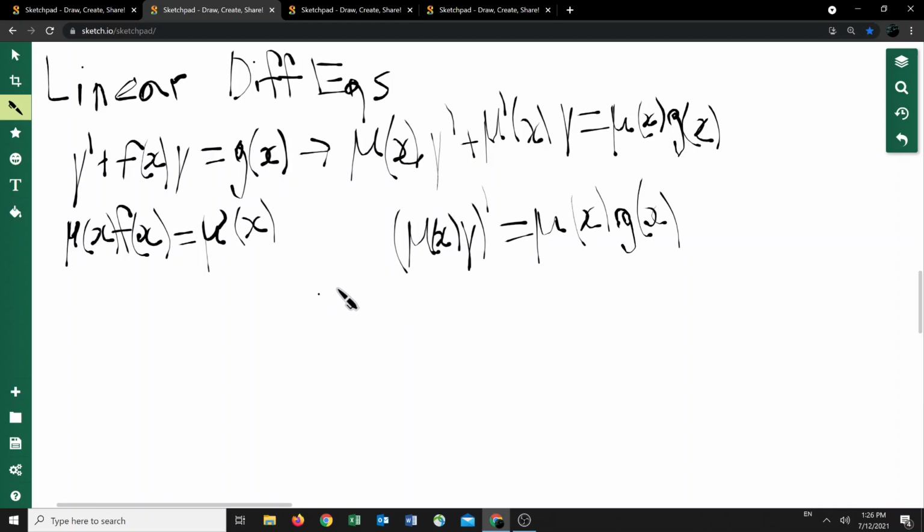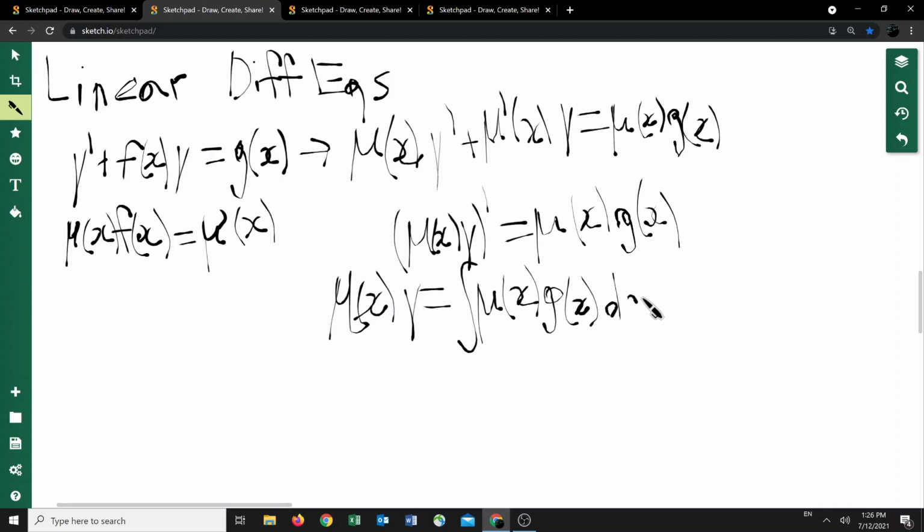Anyway, if we integrate both sides, we'll get mu of x y equals the integral of mu of x g of x dx plus some constant. This is the resulting constant from this integral.